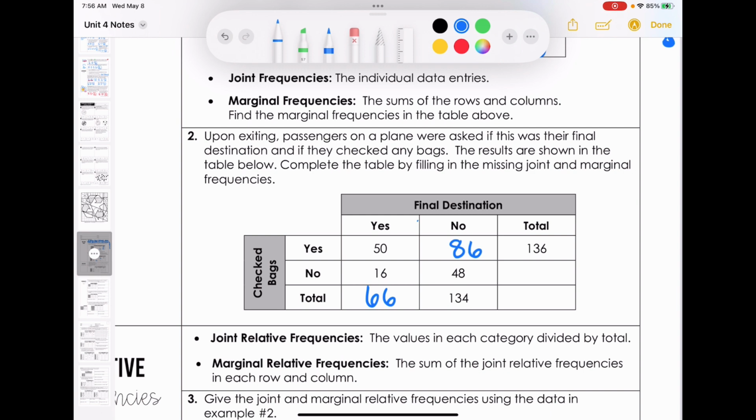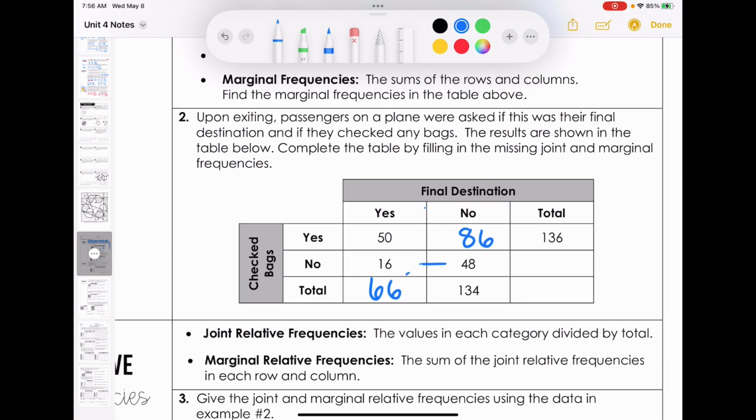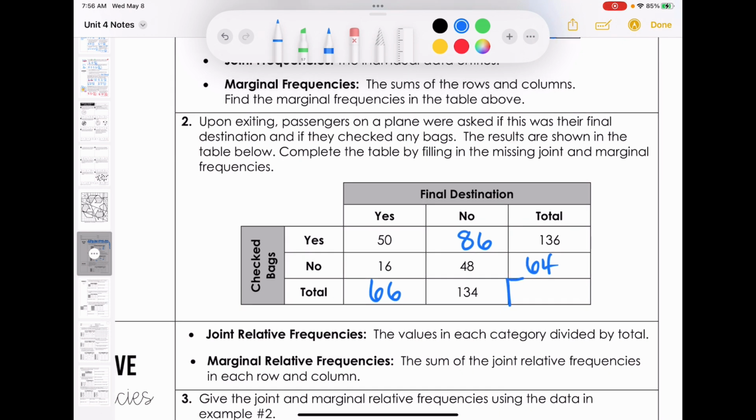All right, for the second row, I need to add 16 and 48 together to get the total, which gives me 64. And then again, for this box right here, I can either add up those two numbers or add up those two numbers, and they should give me the same thing, which is 200.